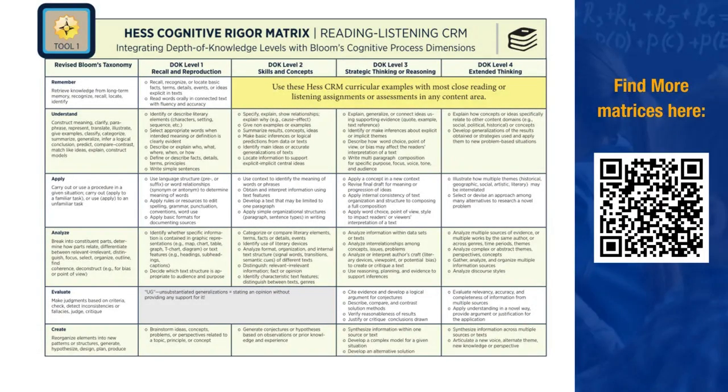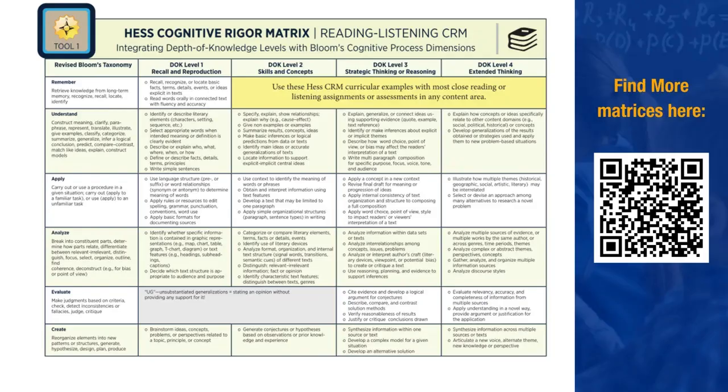So DOK3 is more strategic thinking and reasoning through something, and DOK4 is that extended thinking, doing that strategizing over time. In the report, we use Hess's cognitive rigor matrix as a way to define that, because it's one of the only tools that I've seen out there that combines Bloom's taxonomy with Webb's depth of knowledge.